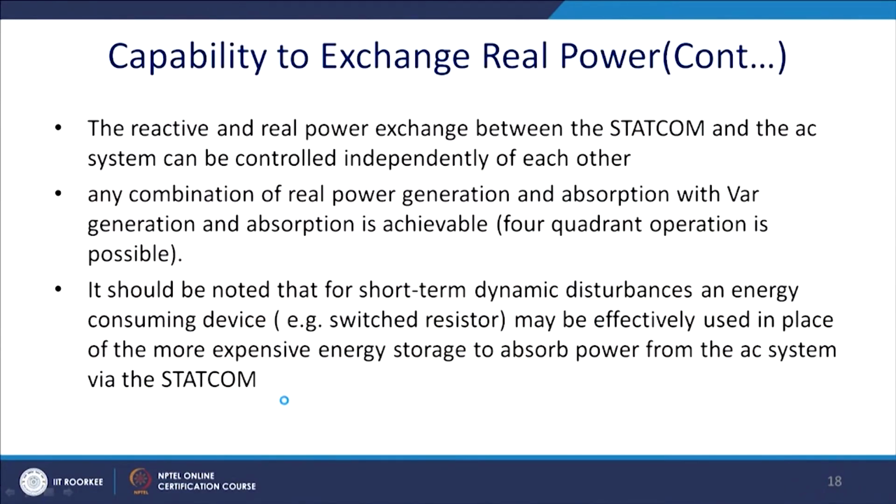Thus, the capability to exchange power has these merits: reactive power and real power exchange between the STATCOM and the AC system can be controlled independently of each other. This is one of the features we have seen, the four-quadrant operation of the STATCOM with power storing devices.